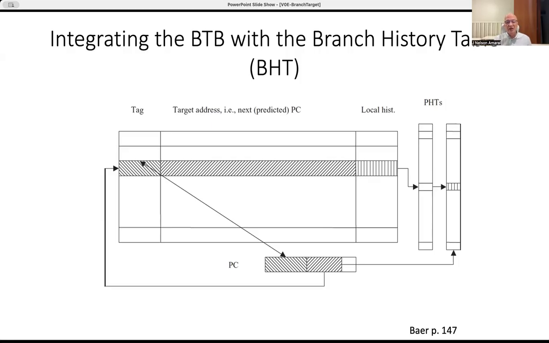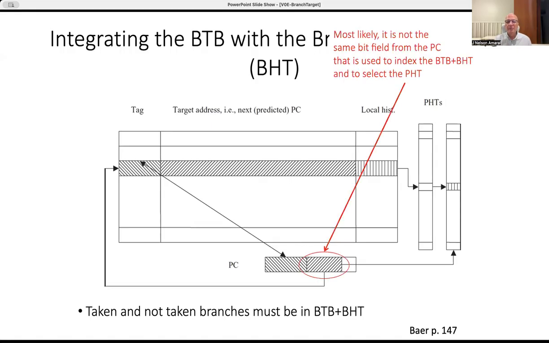So in this design, again, I have some of the bits of the PC that are used as the tag in the BTB, and some other bits of the PC that are used to select which PHT I'm going to use, and also what is the entry in the BTB that I should access. In this case, both taken and not taken branches must be in the BTB plus the branch history table because I need the history even if the branch is not taken. So again, this is a cartoon design.